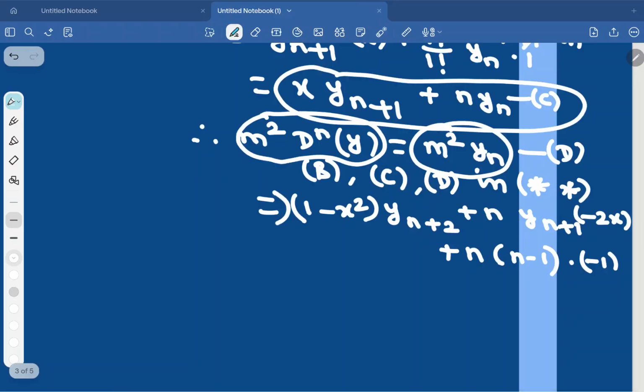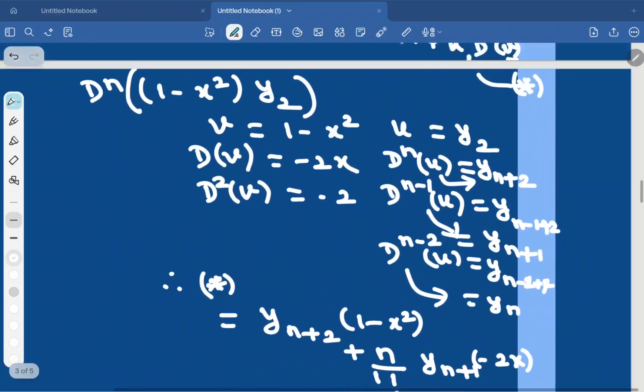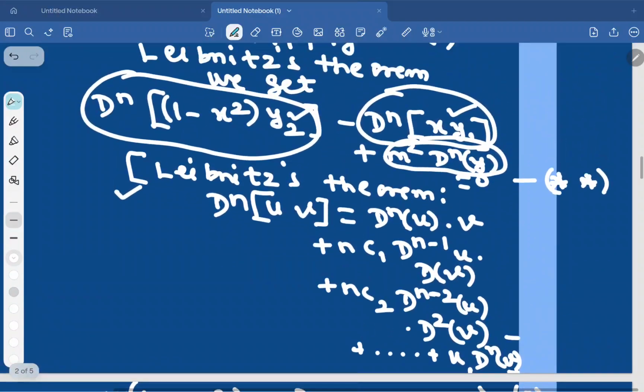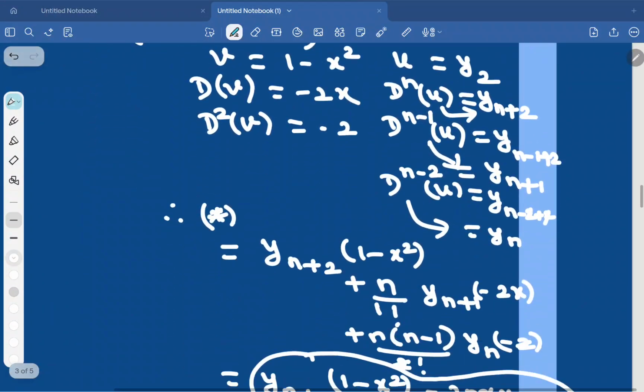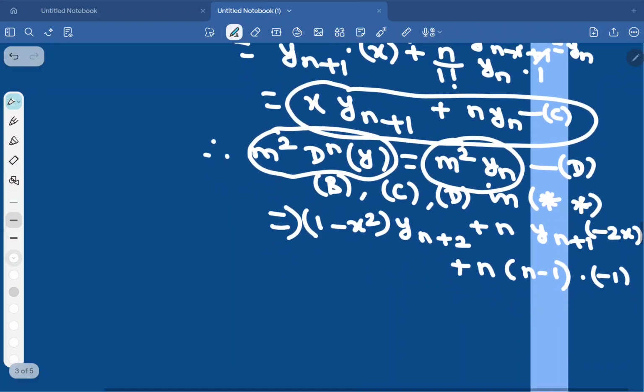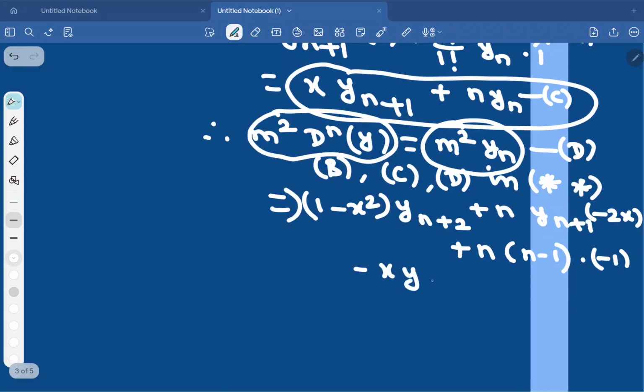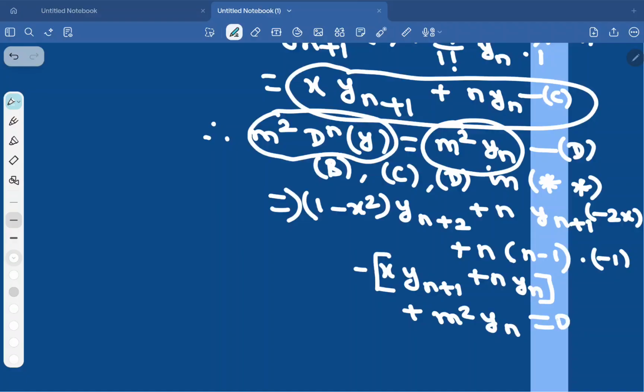What about C equation? Here we have minus, then we have plus. Minus of x y n plus 1 plus n yn, plus m square yn equal to 0.